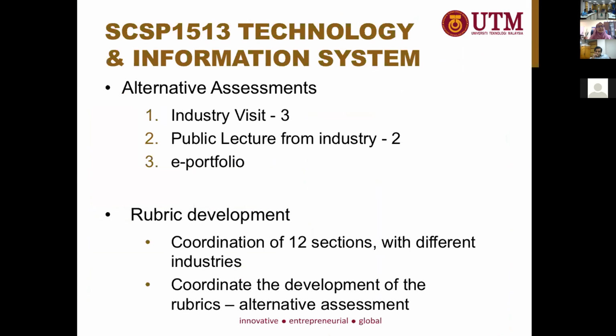So the assessment is that the student visits at least 3 industries in 1 course, and then there will be a public lecture from industry, and then all these industry visits and talks will be reflected on by the student in their e-portfolio. So the evaluation of this course is mostly on the reflection, how the student views the industry scenario from their point of view as a first year student.